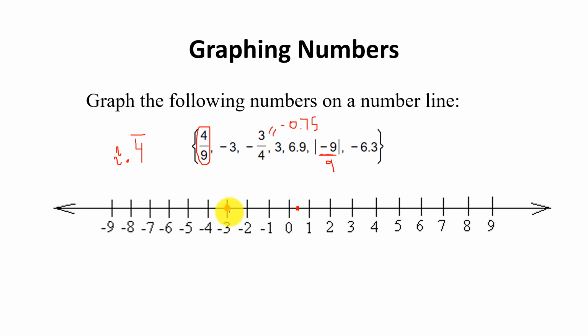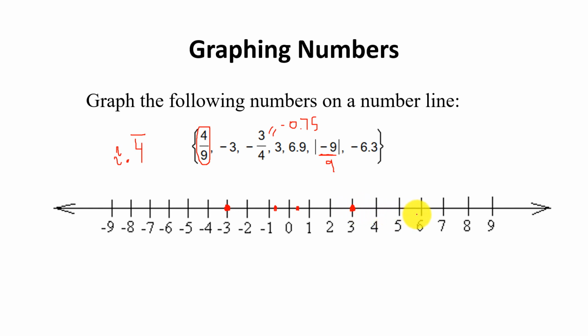Next is -0.75, -3/4. Okay, here's -1, here's 0. -3/4 is in between these two. So if this is a half, 3/4 would be about here. Okay, next is a +3. That is the largest number thus far.